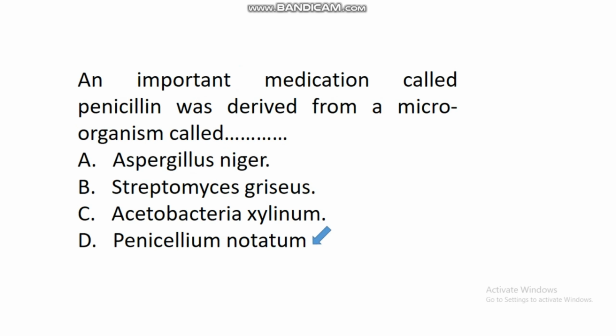So there is a medication called penicillin. This penicillin was discovered through a mistake by a scientist that was doing a research, and there is an organism called Penicillium notatum. This Penicillium notatum is a fungus. This fungus is an organism from which this medication called penicillin was derived.